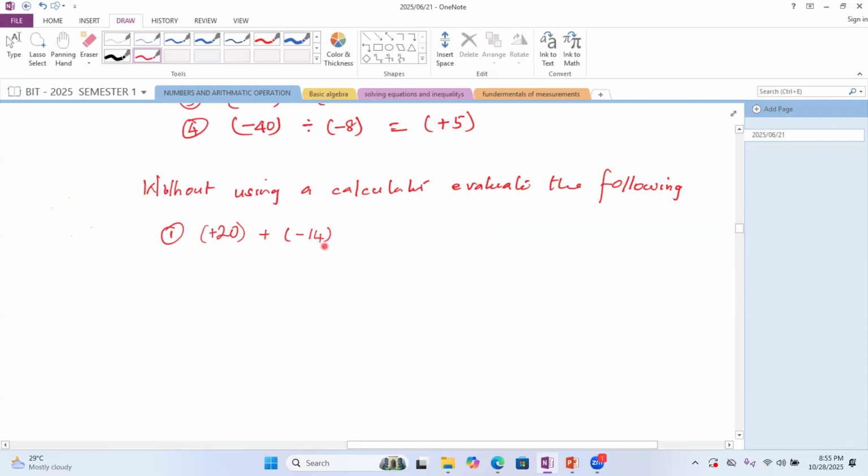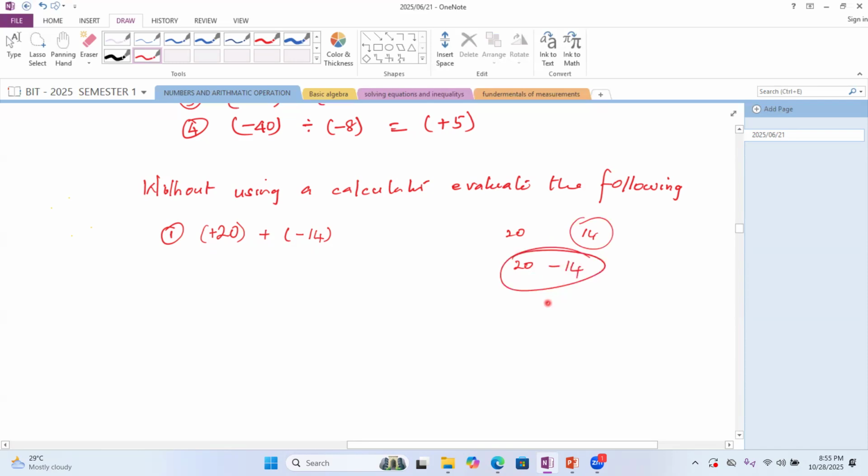There are two numbers, and these are the opposite sign. So first we find the numbers without sign, 20 and 14. Which one is the highest value? 20 is the highest value without sign. So here, opposite sign, we subtract the smaller value from the highest value.